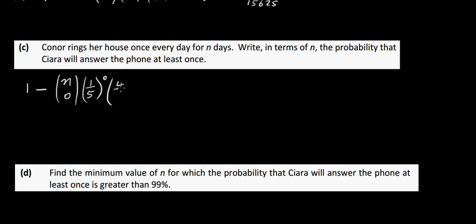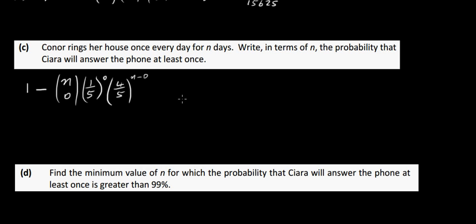The probability of failure is 4/5, and it's going to be n minus r, which is n minus 0 here. This is the probability that she won't answer the phone at all in n days, so we're just doing 1 minus that probability. That means we're working out the probability that she will answer the phone at least one time.